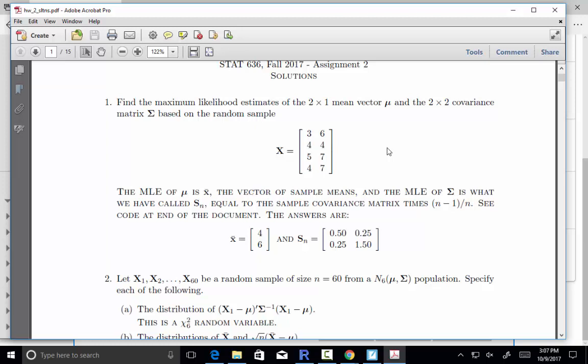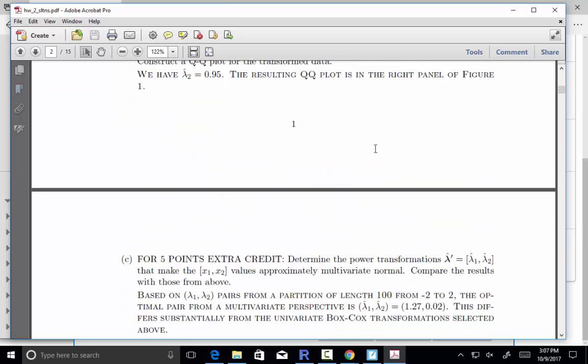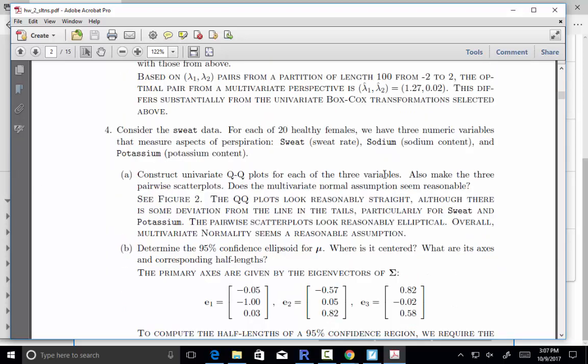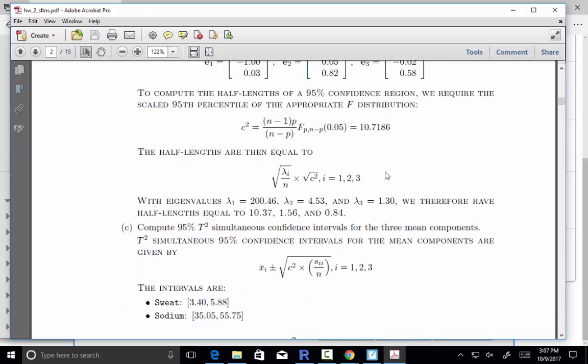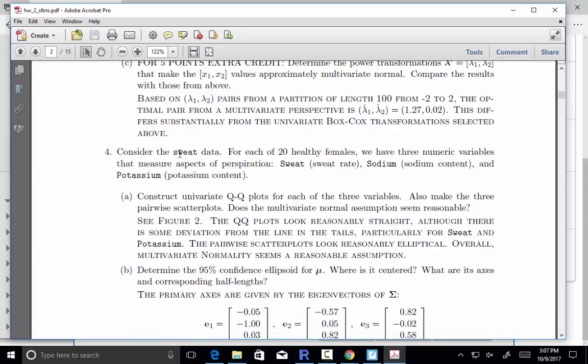Get a p-value, get a confidence region, or a set of simultaneous confidence intervals. So in the homework here, we have an example of the t-squared stuff with sweat data. I'll definitely go through that today here with us.